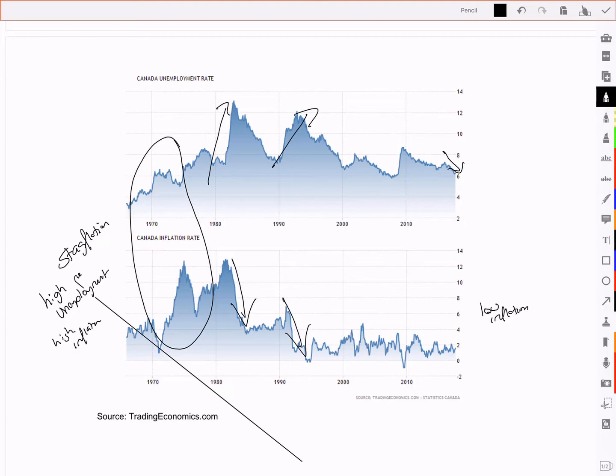So the question is, as the unemployment rate falls and it falls below full employment, will we reach a stage of low inflation and low unemployment? In which case, then the role of monetary policy to stimulate the economy becomes a bit problematic. So we'll have to see what happens as the unemployment rate falls. Do prices start to go up again? Or are we reaching a new era in terms of low inflation and low unemployment?